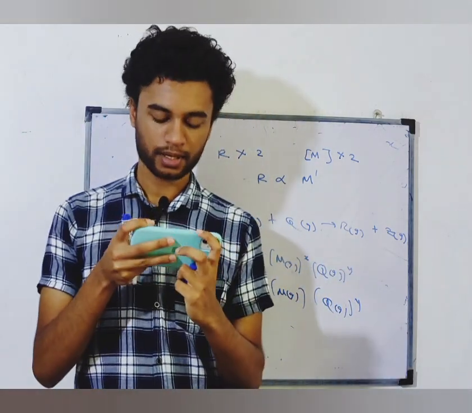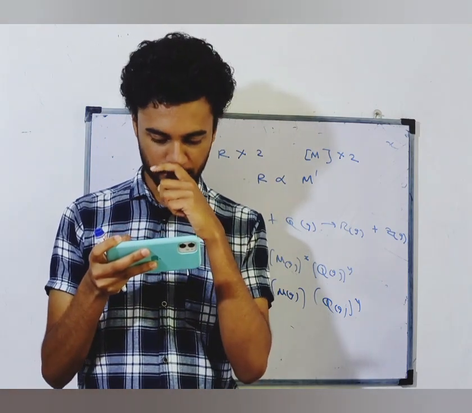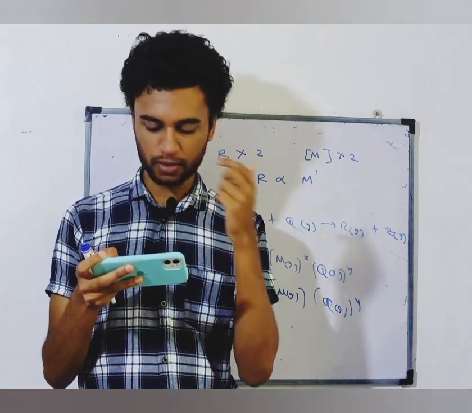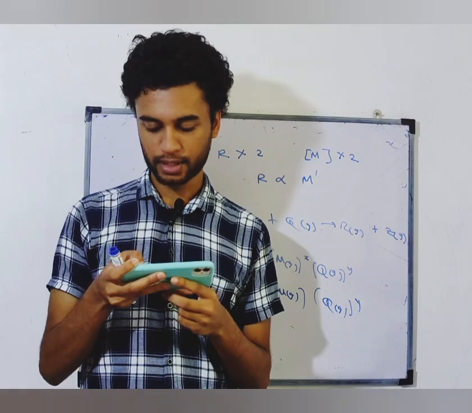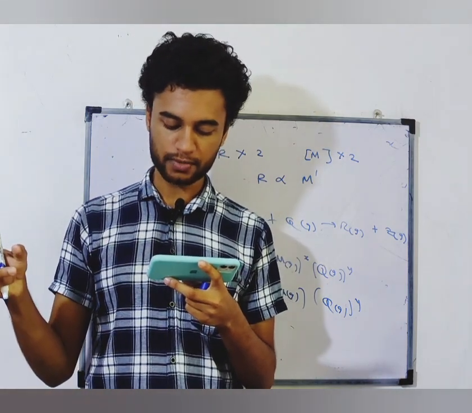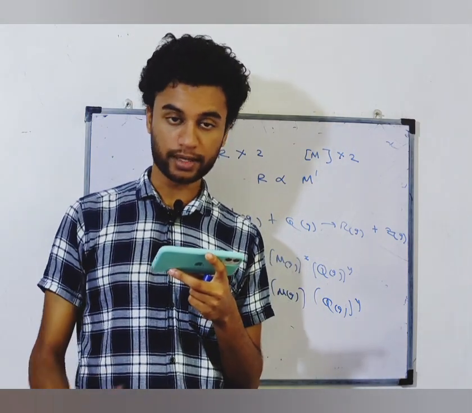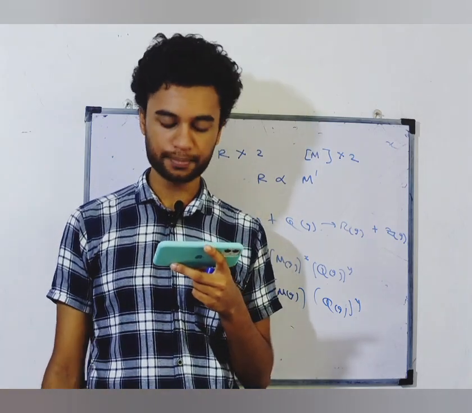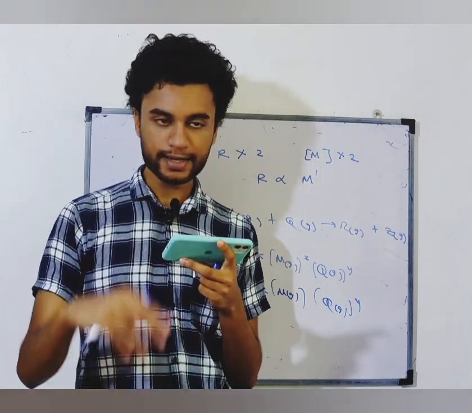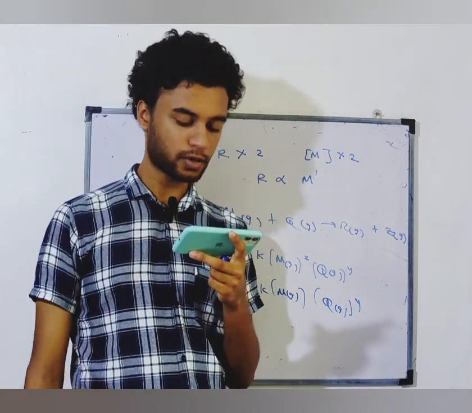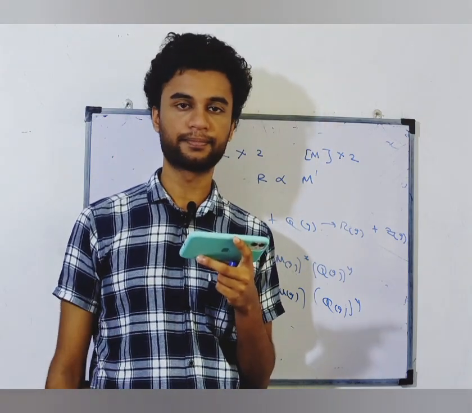Now, why is that? The concentration of Q is much greater than the concentration of M. You can see 2 mole per decimeter cube is much greater than 1 times 10 to the power minus 5 mole per decimeter cube. That means we can assume that the change in concentration of Q is negligible.